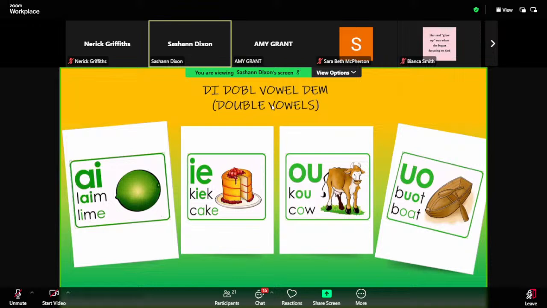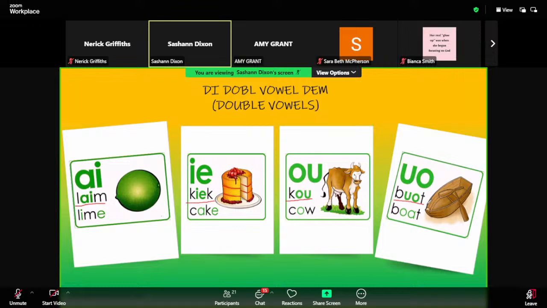Jamaican pronunciation here, cow. And then the last one, U-O, O, as in boat. Jamaican pronunciation there, boat. Good.